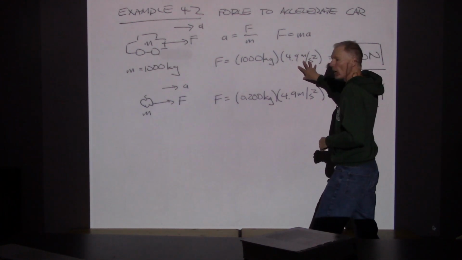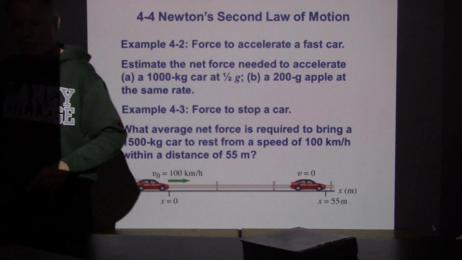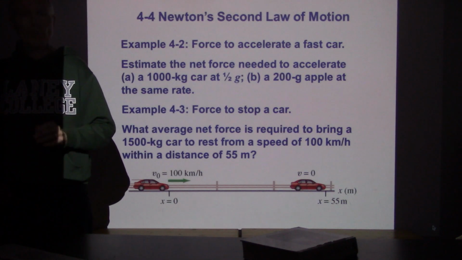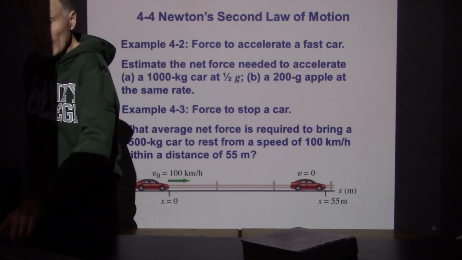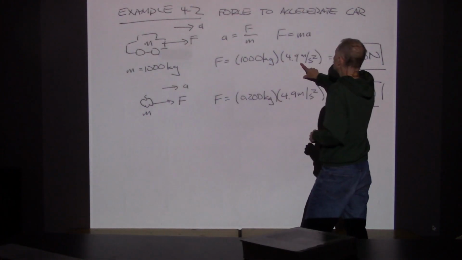Now, where the 4.9 is coming from, if you remember, they said that the acceleration was going to be 1/2 the value of the gravitational acceleration, and Earth's gravitational acceleration is 9.8, so I divided that by 2, and I ended up with 4.9 meters per second squared.